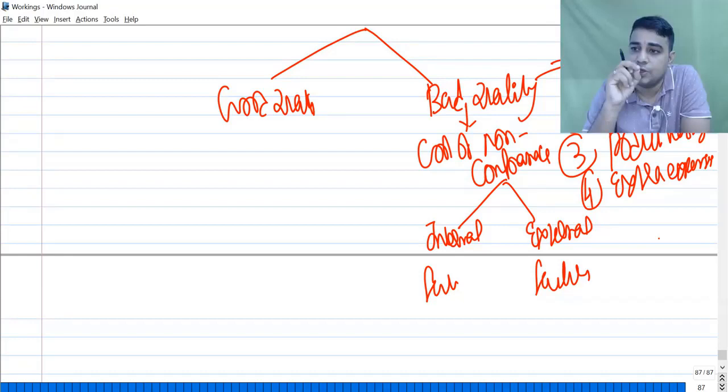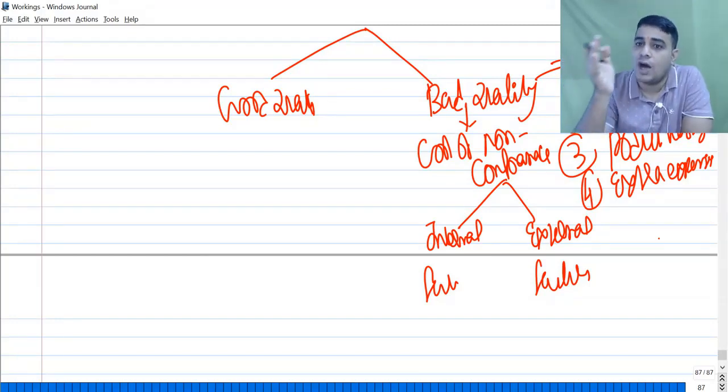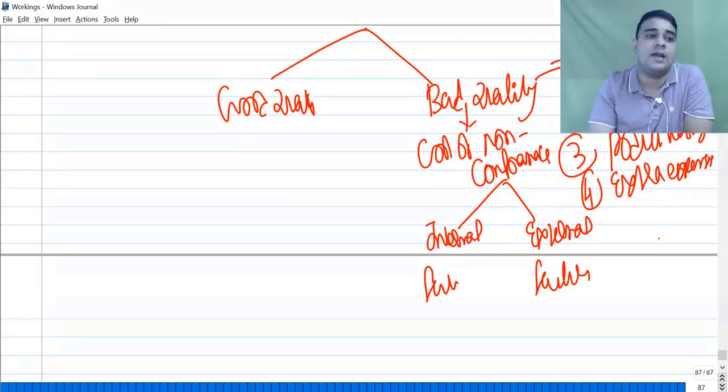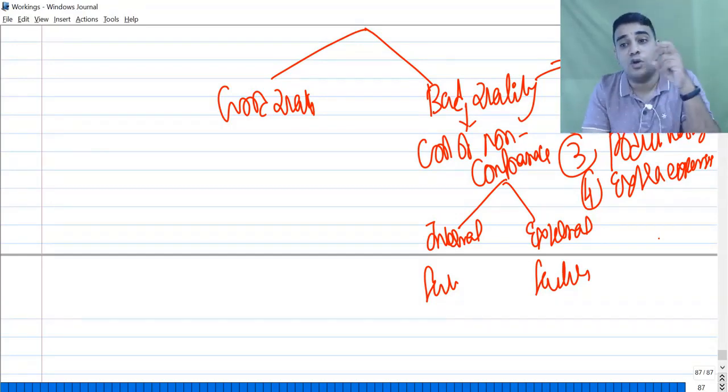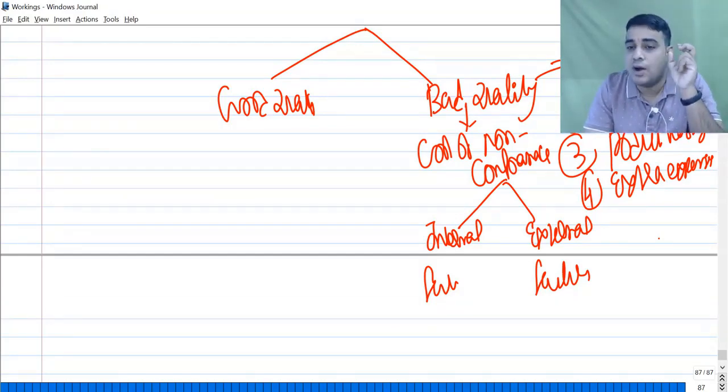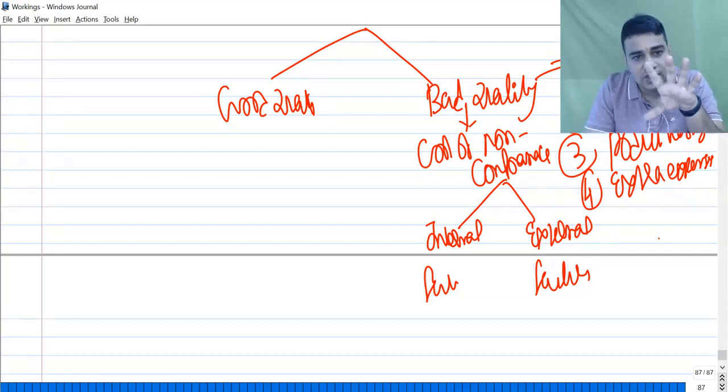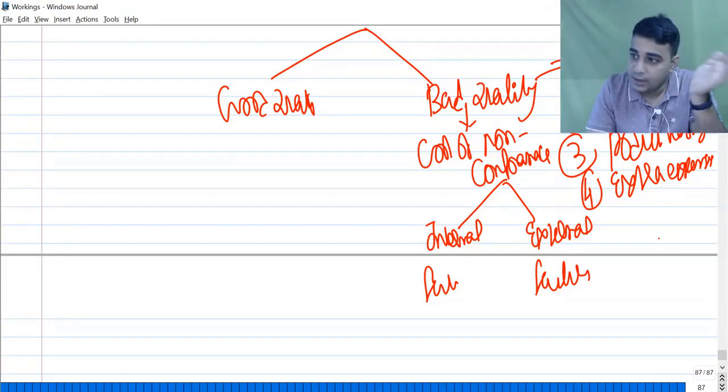You may have to scrap it, rework on that, do reprocessing. So whenever costs are incurred within the company or the defect is known only to the company, they are called internal failure. Cost is incurred because of a bad quality product and the product does not reach the end customer, or the customer is not aware of this. Within the company itself, you end up incurring whatever you want to do.